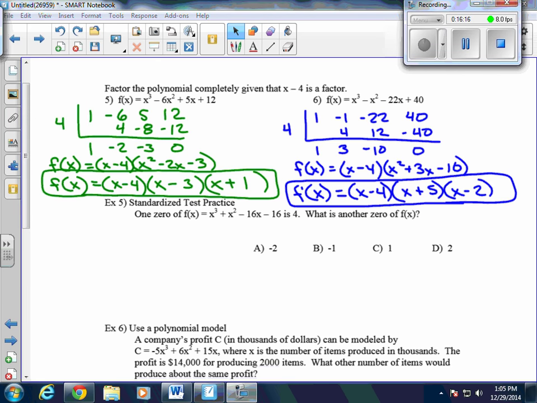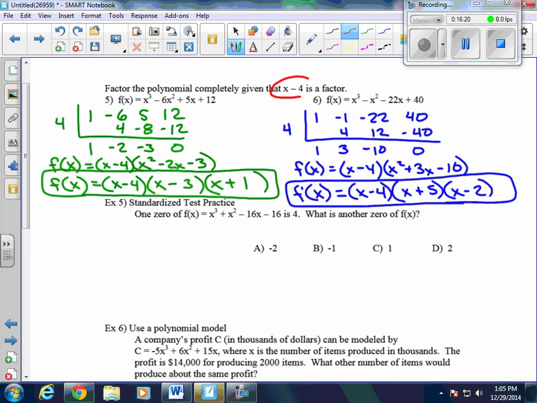In using synthetic division, x minus 4 is the factor here. So that means 4 is the number that we are plugging in because that's one of the zeros. So if we factor completely, here's what we get for questions 5 and 6.